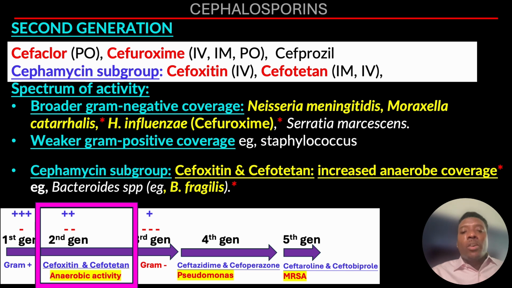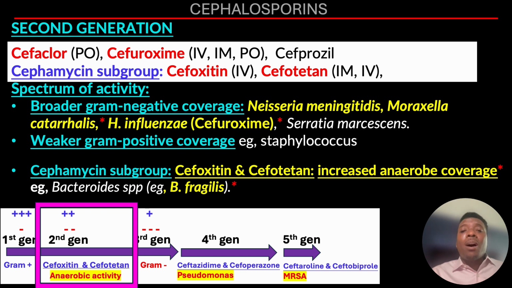Now, the second generation cephalosporins, they get greater gram-negative coverage, and they have a slightly weaker gram-positive coverage. The additional gram-negative coverage that you see with these antibiotics are Neisseria meningitidis, Moraxella catarrhalis, and H. influenzae, especially for cefuroxime, which is really great against H. influenzae.